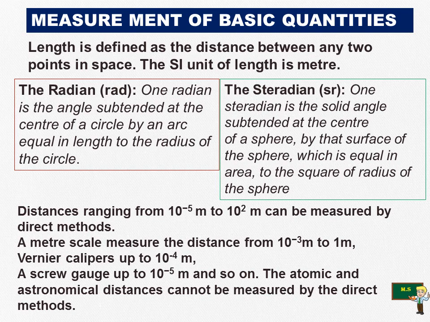Distances ranging from 10 to the power minus 5 meter to 10 to the power 2 meter can be measured by direct methods. You can use any tape or something. A meter scale measures distance from 10 to the power minus 3 meter to 1 meter.